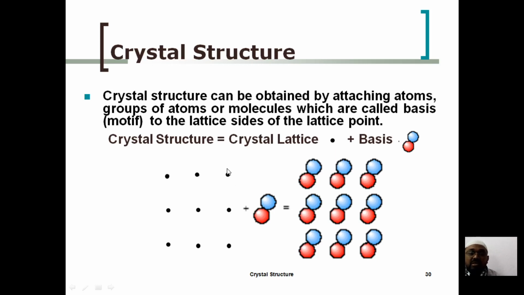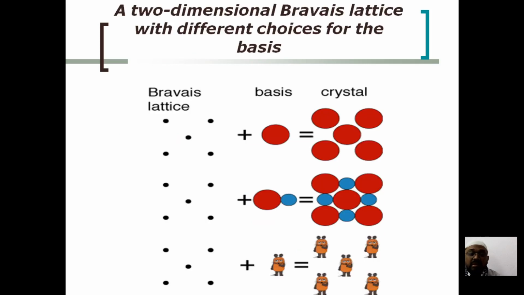If I associate these imaginary points with the constituent particles present inside the crystal, which are the ions, molecules, or atoms, that is what we are interested in. When you combine them, the resulting figure resembles the structure of the crystal.